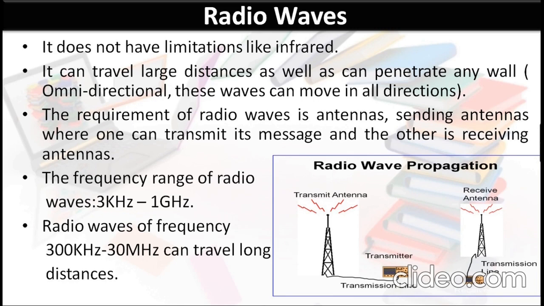Similarly, the high frequency, that is 3 megahertz to 30 megahertz, is used for international broadcasting, military communication, and even for telephone and facsimile communications. So these high frequencies are used.